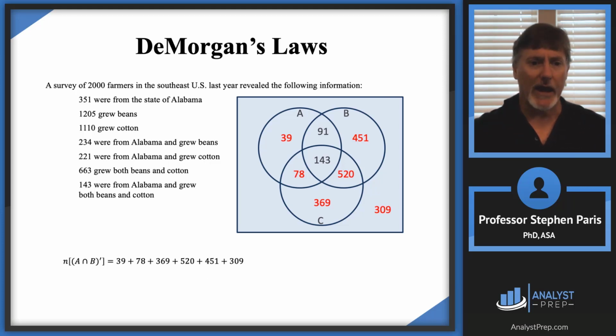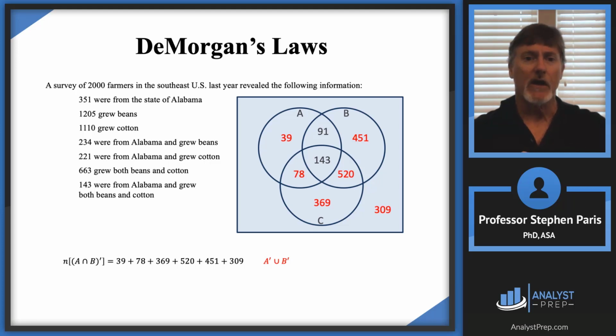So right now, I have in red the numbers that are in the complement of A intersect B. Let's just focus first on the complement of A. The complement of A would be everything outside of A, so I'll highlight those in red. Now if I union that with the complement of B, I'm going to add what is in B prime, the complement of B, that I don't already have. That would be the 39 plus the 78.